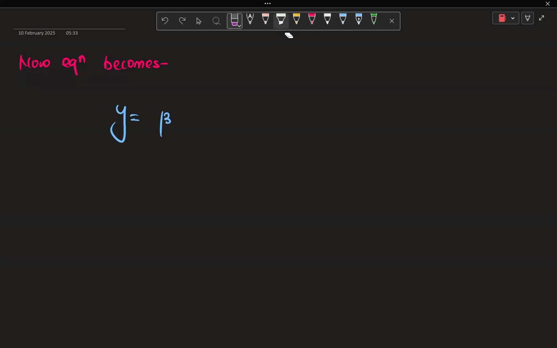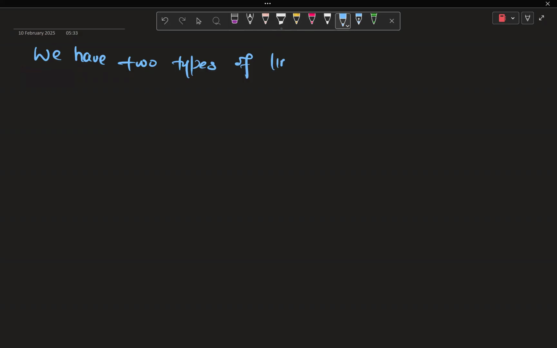okay, one more thing. We have two types of linear regression. The first one is simple linear regression, guys.